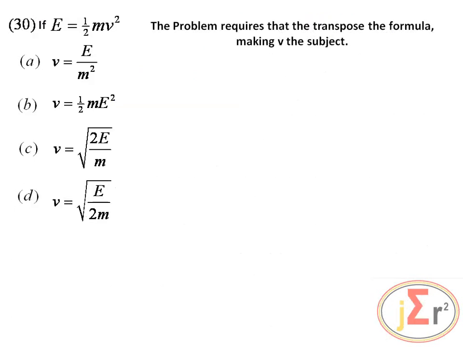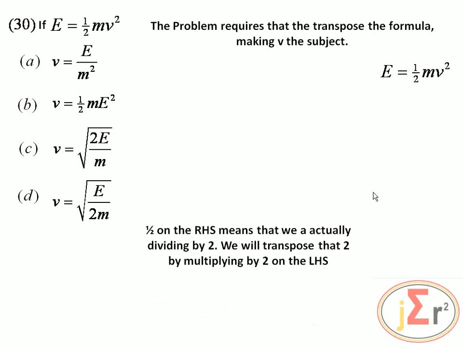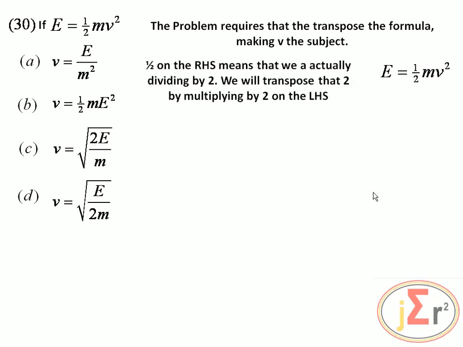The problem requires the transposition of the formula. The problem requires that we transpose this formula, making V the subject. So we are going to transpose and make V the subject of the formula. Half on the right hand side means that we are actually dividing by 2. We will transpose that 2 by multiplying by 2 on the left hand side.